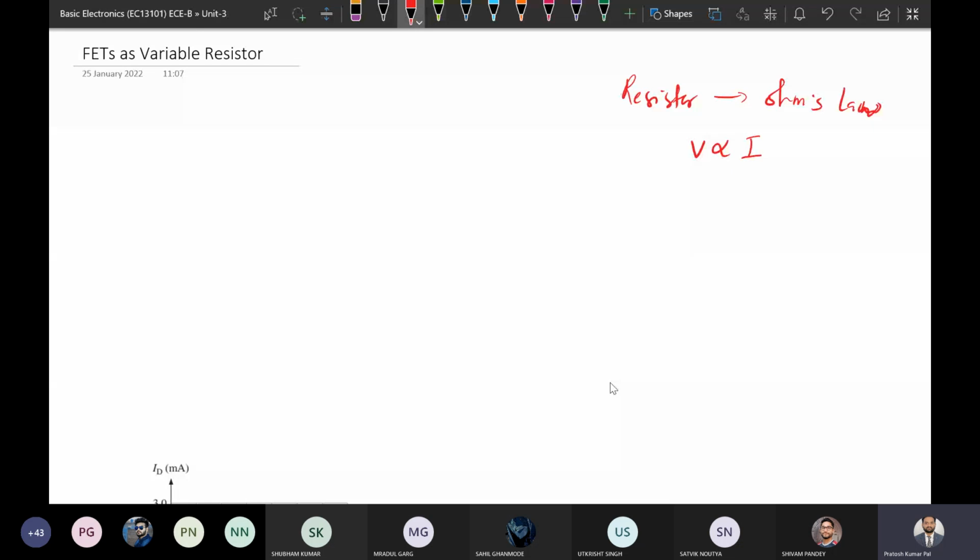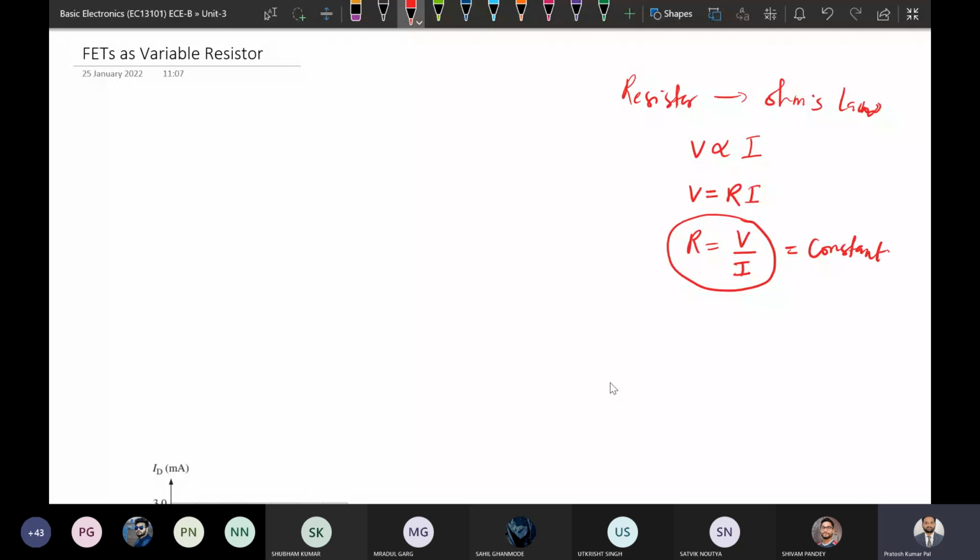If we equate it, its proportionality constant will be the resistance, or the resistance will be V by I.